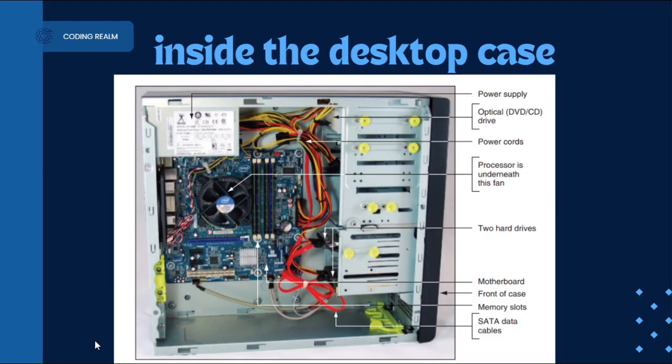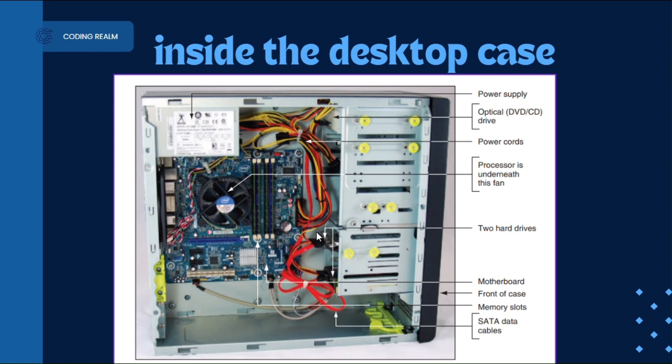Now let's talk about what we have inside the desktop case. Inside the desktop case we have the power supply. This is the power supply. We have also the optical DVD and CD drive. We have also the power cord. We have the processor. This is the processor.